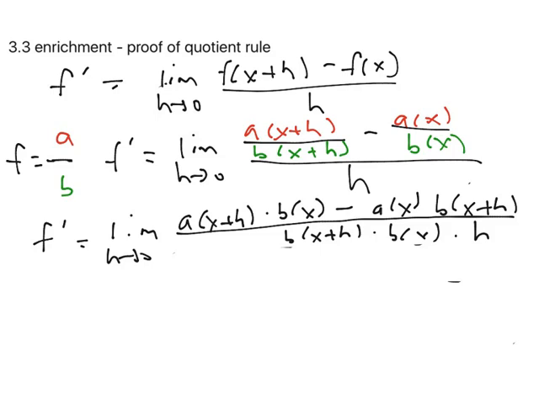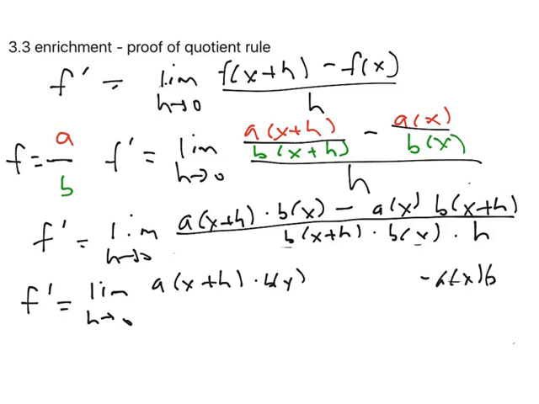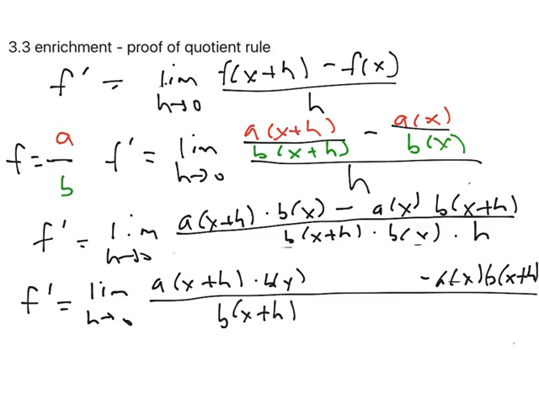Okay? Next, to prove this, I'm going to add two terms in the middle, kind of like my proof of the product rule. So I'm writing my two terms that we already have, minus a of x, b of x plus h, and the bottom stays the same. But now I'm going to add two terms.